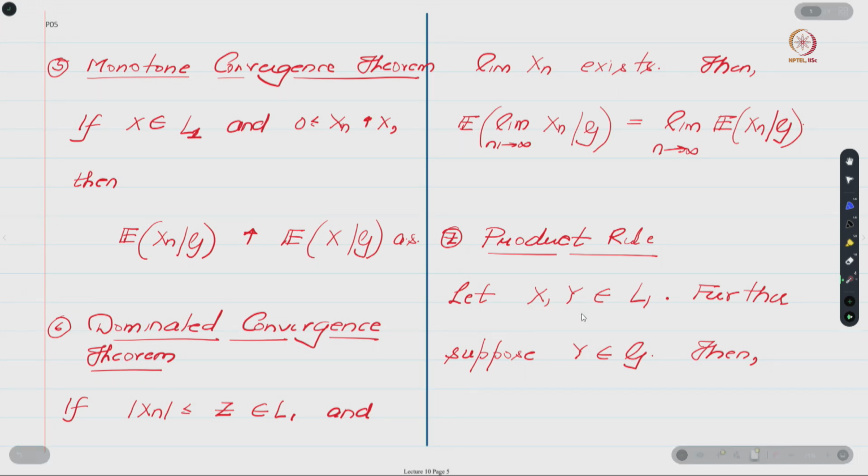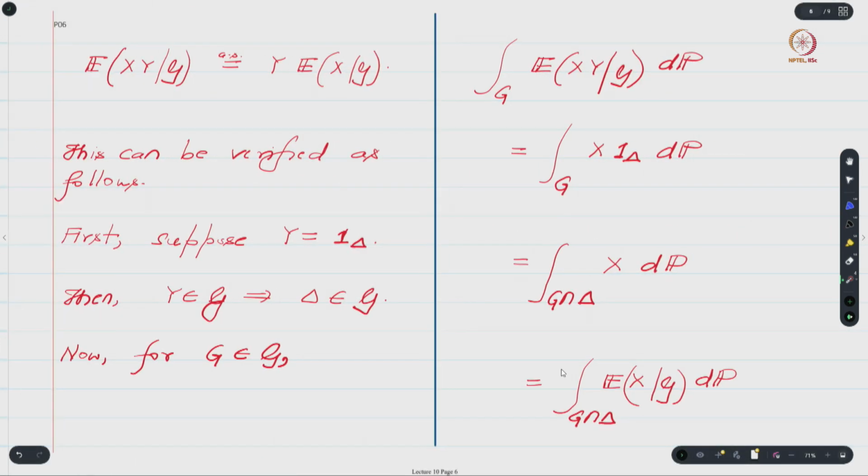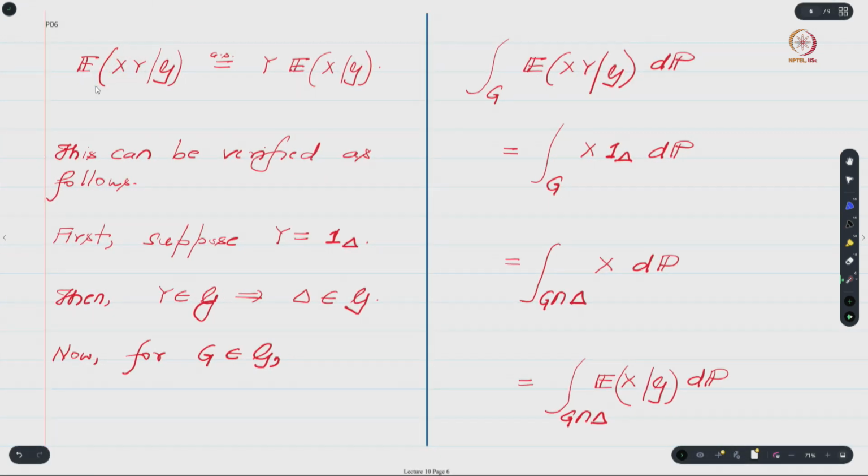Suppose x and y are two random variables and let us say they are both integrable. And suppose one of these random variables, in this case y, is g measurable. The question is, given that y is g measurable, what can we say about the conditional expectation of the product? In one of the properties that we studied before, we did not have y, and we showed that if x itself is g measurable, then the conditional expectation of x given g was x.